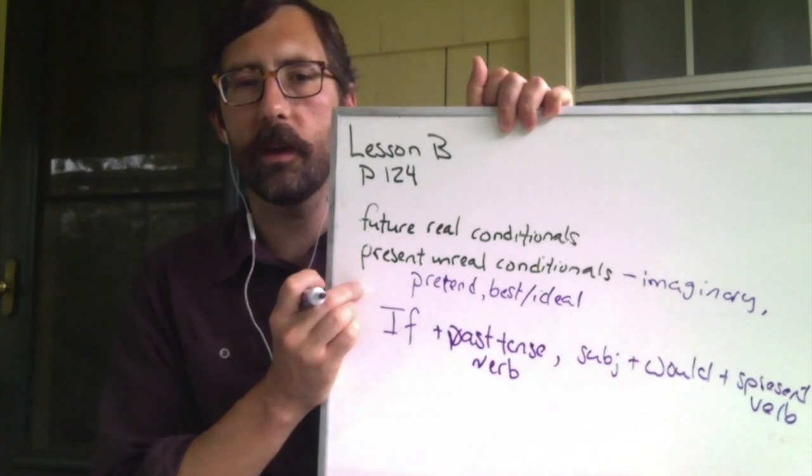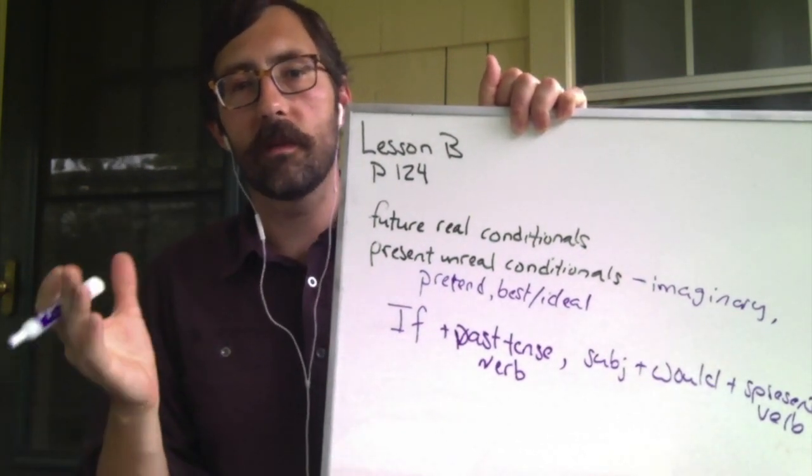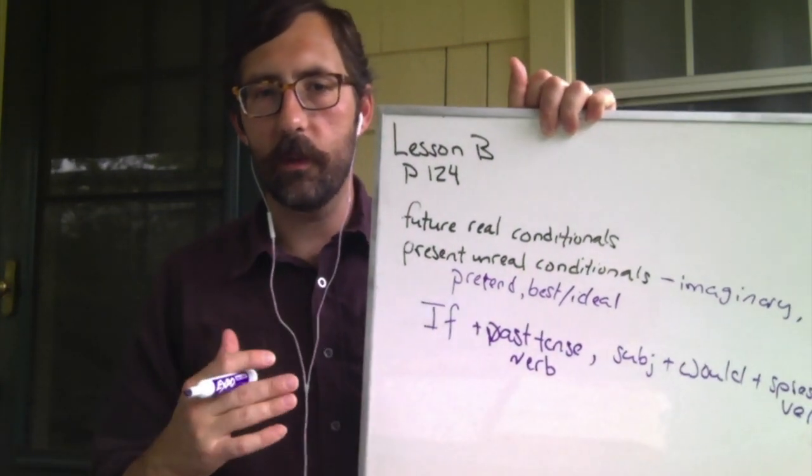And we use the present unreal. Something that is unreal is something that could not happen. It's not a situation that could happen, right? And so that's why we would use the unreal.